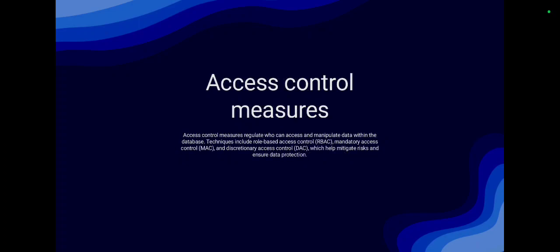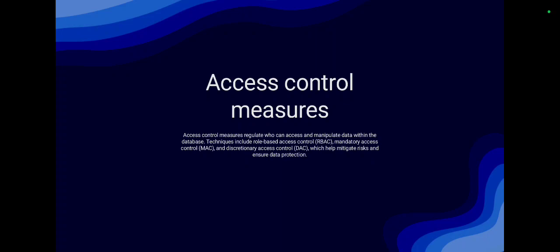Once that is done, access control takes place, where your security is the most crucial thing. To further enhance security, databases use access control mechanisms such as role-based access control, mandatory access control and discretionary access control.